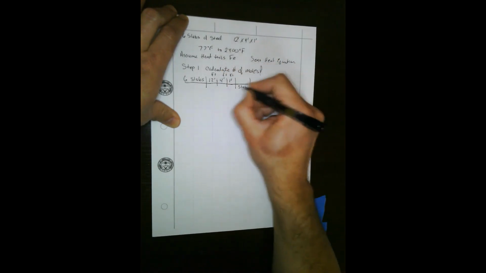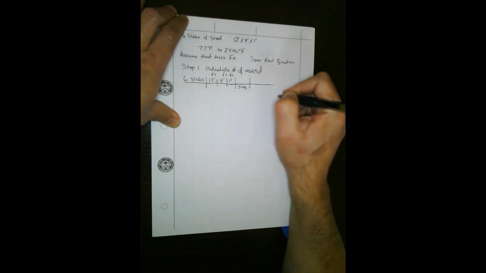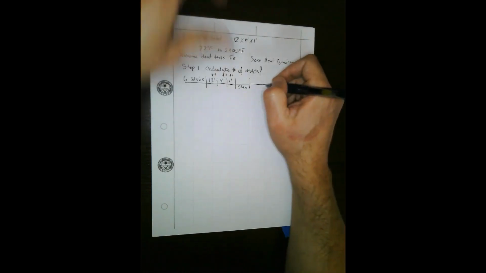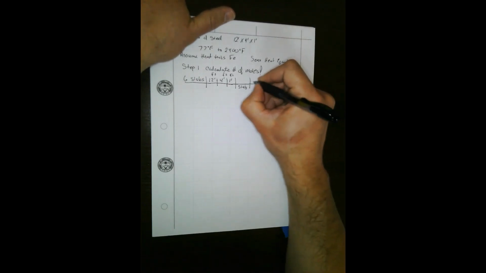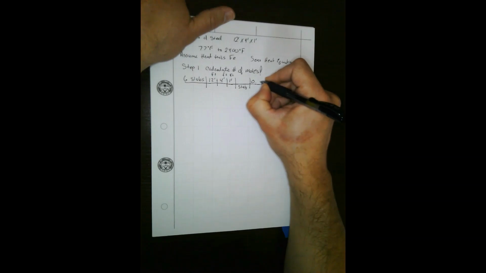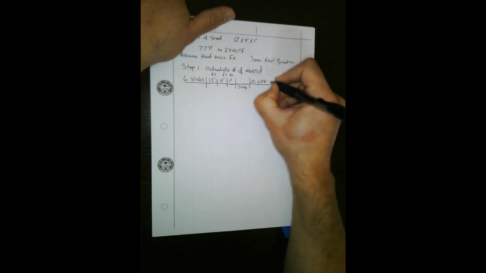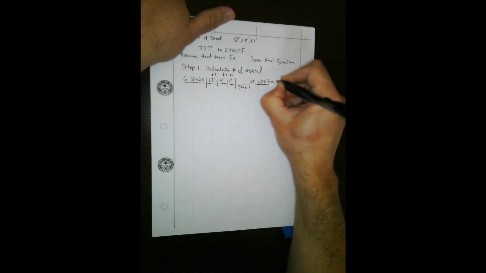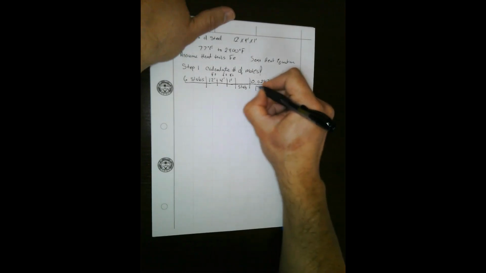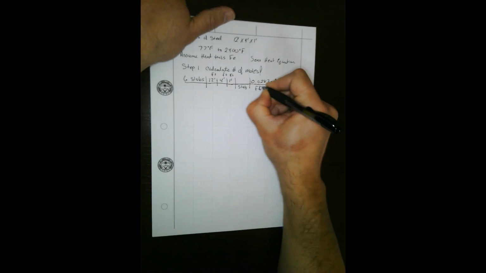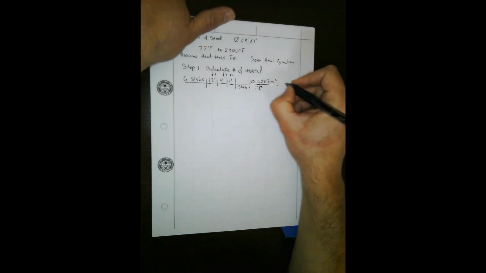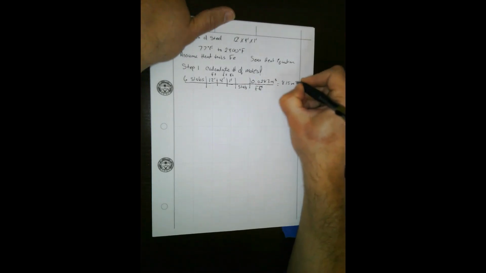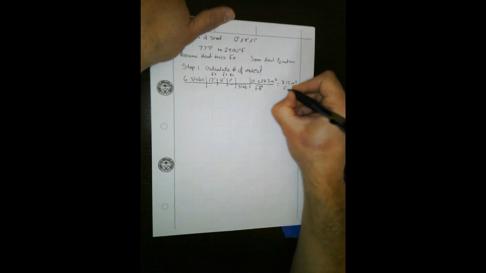I'm a little sloppy with this one, I apologize. We can use a conversion factor, 0.0283 cubic meters per cubic foot. And so that gives us 8.15 cubic meters. And we're going to assume it's iron, okay?